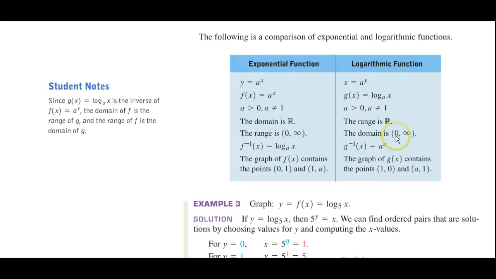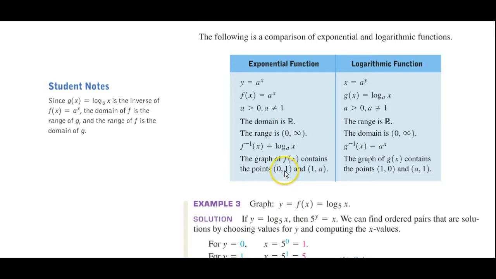And the domain is, again, not including 0, but going to positive infinity. So the inverse is this, the logarithmic expression, and the inverse of this is our exponential function. The graph of f contains the point 0, 1.